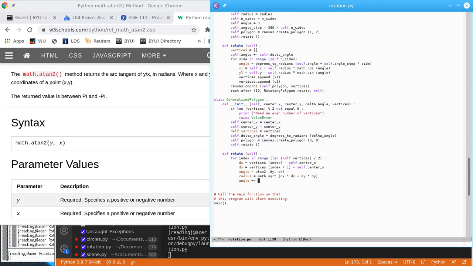Now I have to rotate it. Angle plus equals self.delta angle, and now I say x1 equals radius times math.cosine angle.